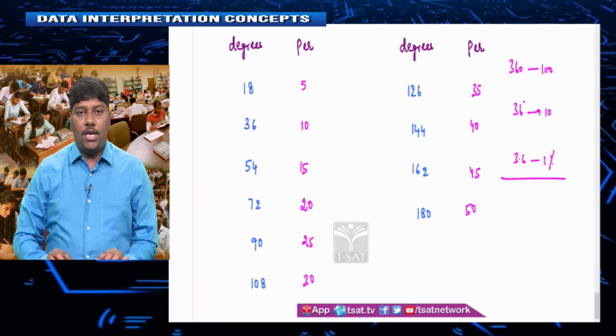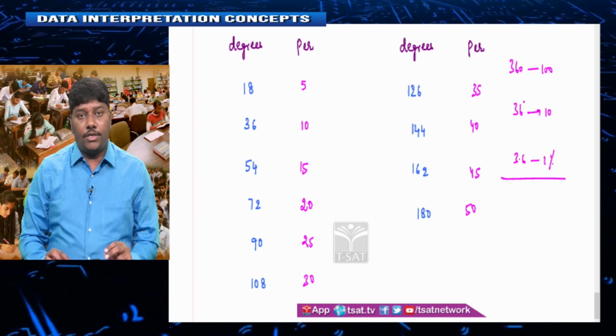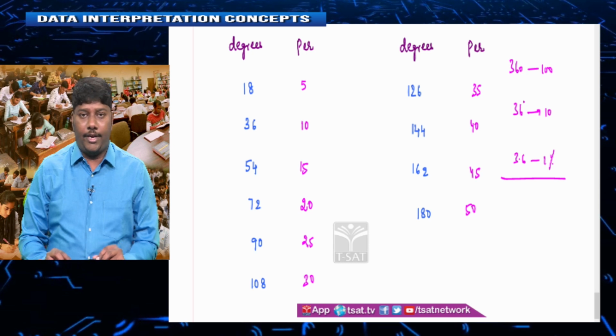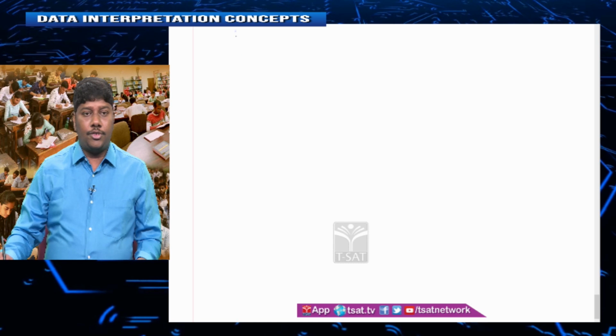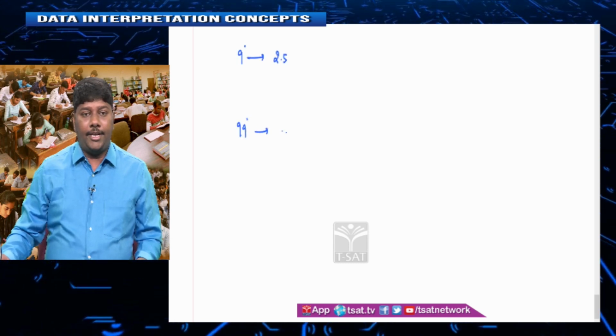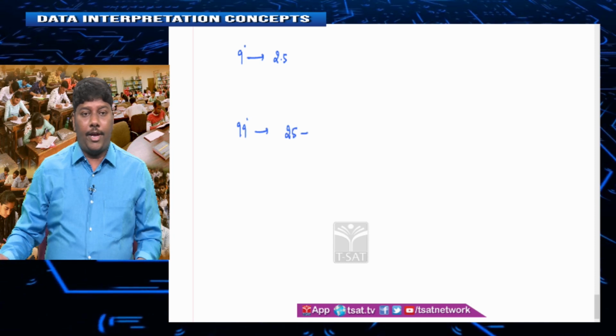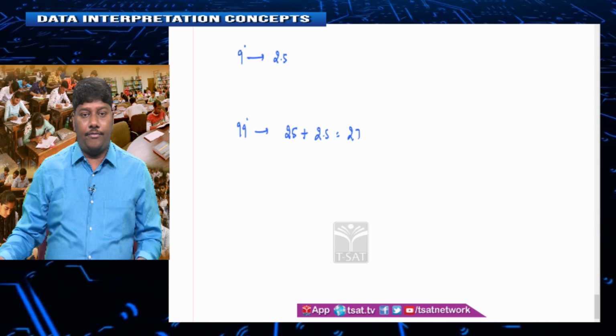And percentage into degrees. You can't convert every degree like this, but definitely a degree which is a multiple of 9 and 18 you can convert. Remember 18 degrees is 5%, therefore 9 becomes 2.5%. If I have 99 degrees, 90 means 25, 9 means 2.5. So you can say 27.5%.